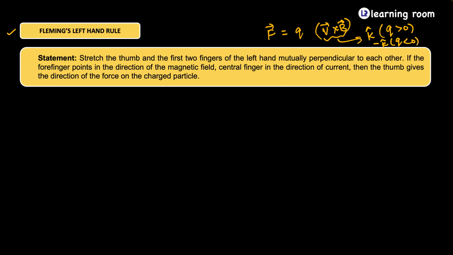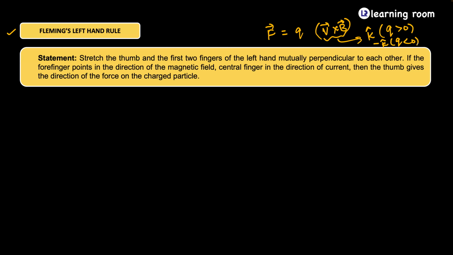Okay, so one point that needs to get strongly registered in your mind is, whenever you're doing the cross product of two vectors, I am stressing on this point, concentrate, the resultant will always be perpendicular to both the vectors for which we are doing the cross product.